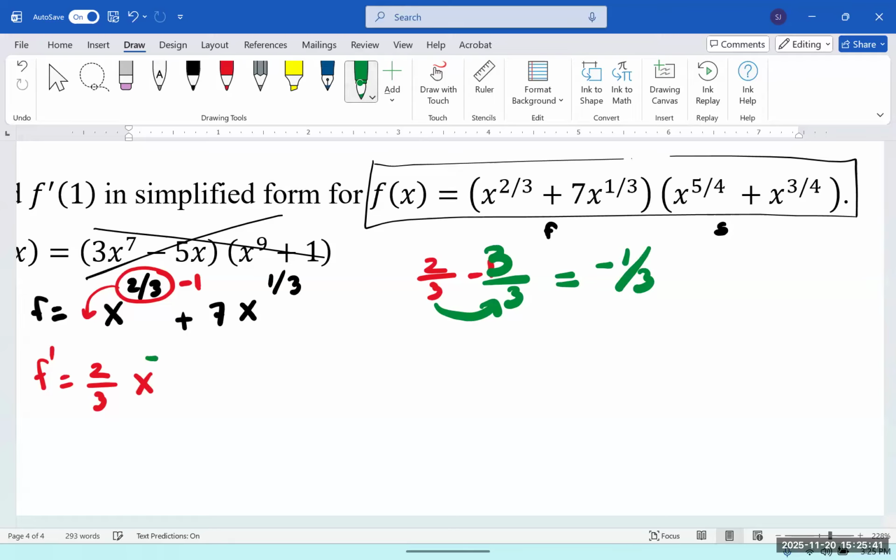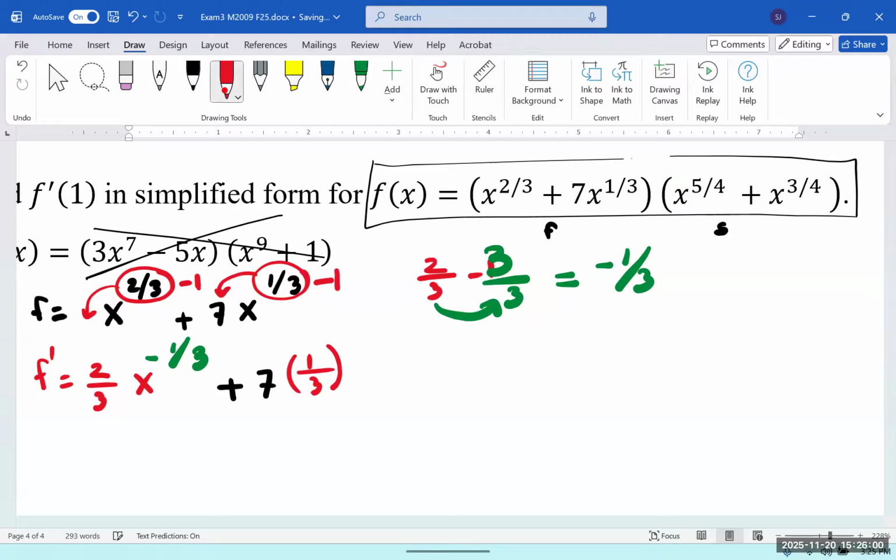So x to the negative 1 over 3. Plus, you have your 7, you bring down your 1/3. So 7 times 1/3, and you subtract 1 from 1/3.